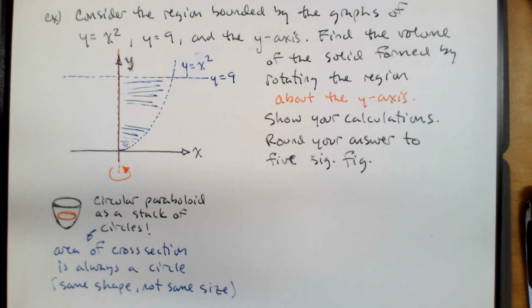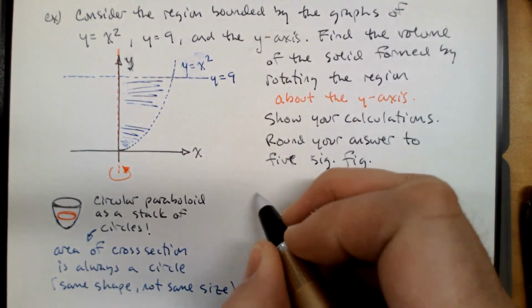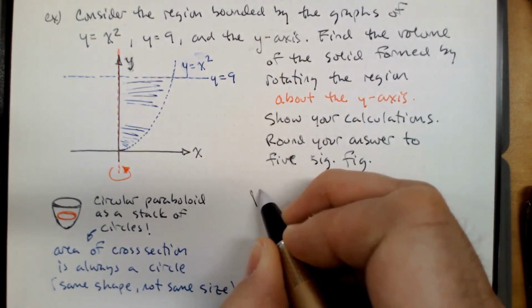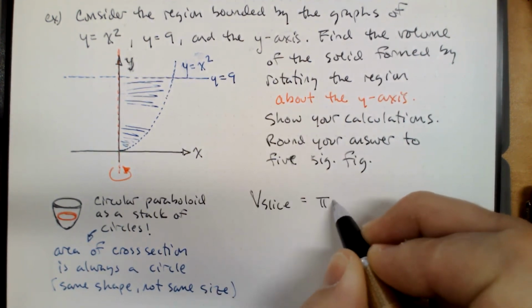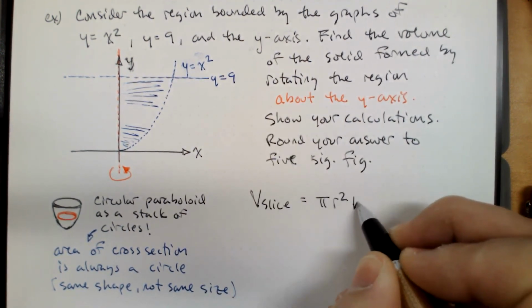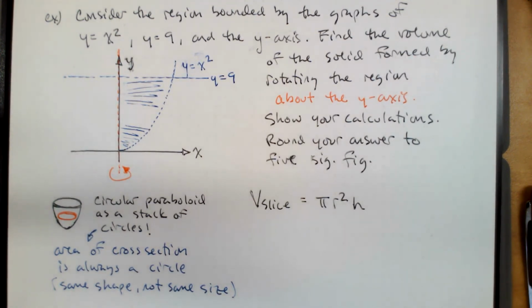So when we want to calculate volume, volume is cross-sectional area times the height. Pi r squared, always a circle, times the height. Now, we always get a circle, but that circle is always a different size.